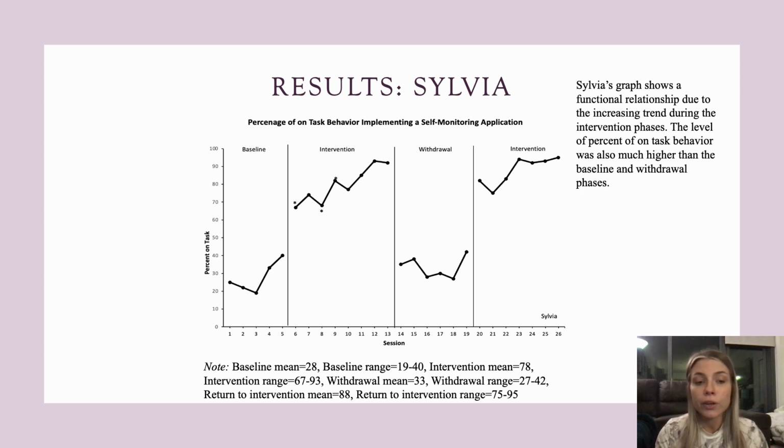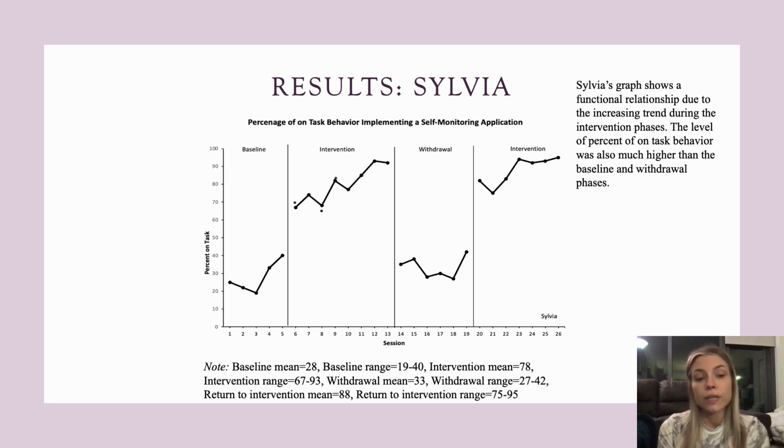Analyzing the graph further, you can see here that when the iConnect app was removed during the withdrawal phase, the percent of on-task behavior significantly decreased in level. There was no significant trend found in baseline or withdrawal, but you can see that due to the increasing trend, there was in fact a functional relationship.